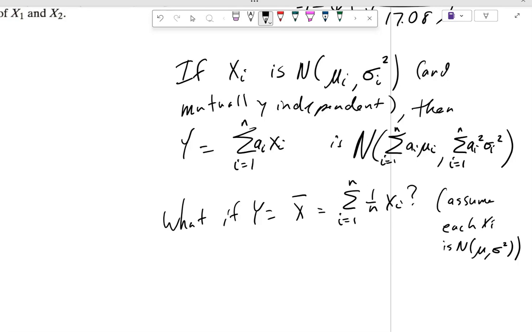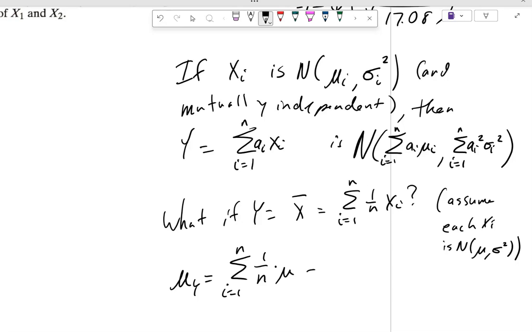Well, looking at this formula, what do we end up with? The mean of the y would be the sum from i equals 1 to n of 1 over n times the mu, right? Because each one has the same mean.